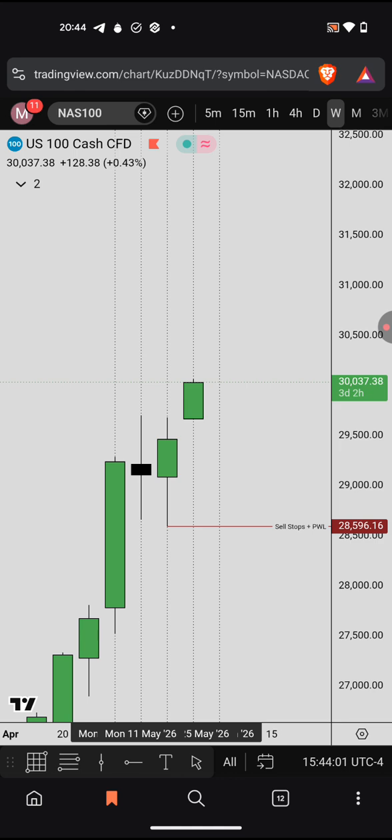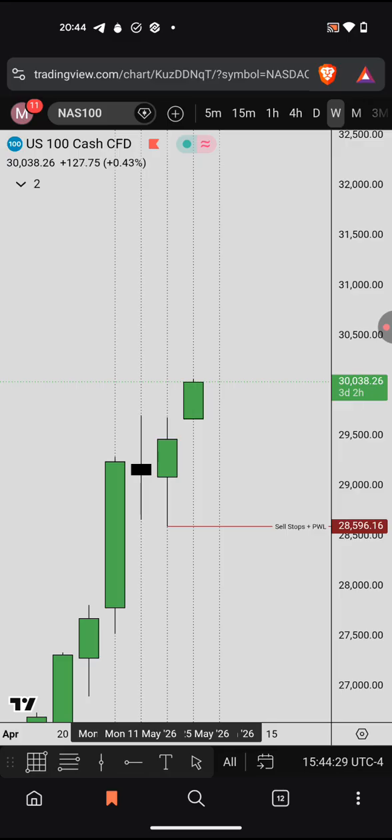This is the weekly time frame, and we have the weekly candles. Looking to the left, we have the previous weekly candle, which has a high and a low. The low has been annotated, but the high is not annotated because we have already traded above the high with this current wick candle that is printing.